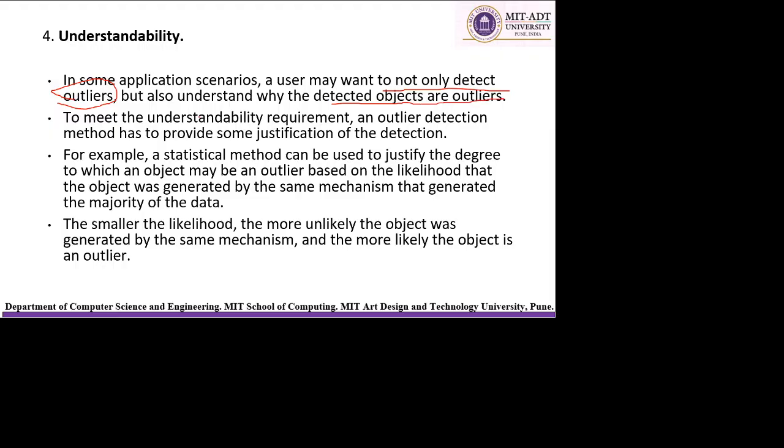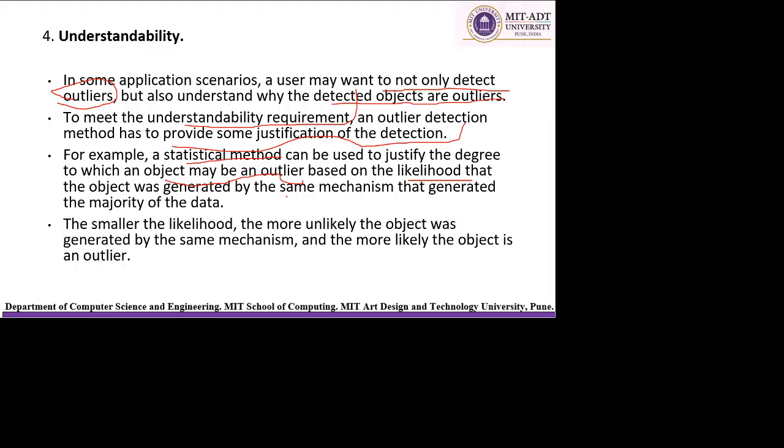To meet this understandability requirement, the outlier detection method has to provide some justification for the detection. For example, a statistical method can be used to justify the degree to which an object may be considered an outlier. So the likelihood may be identified, and based upon that we may classify this data object as an outlier.